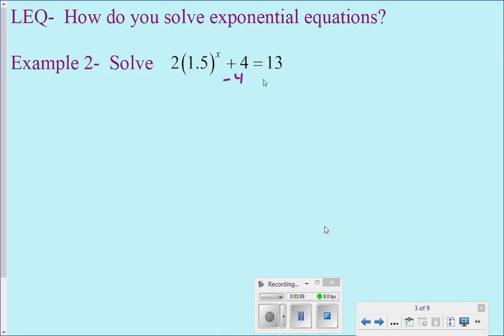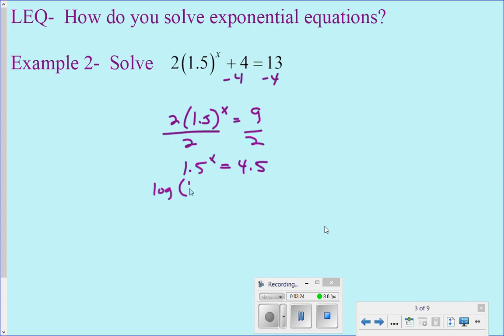So let's subtract 4 and divide by 2. Now it's in exponential form, so now I can take the log of both sides. Okay, and now that I've taken the log of both sides, I can apply the power property.